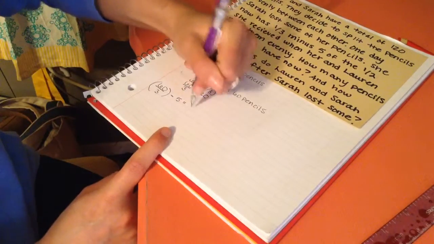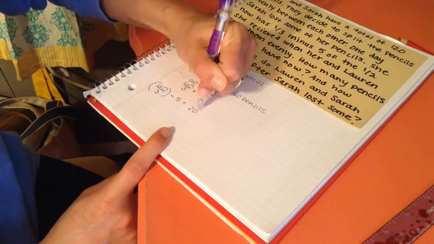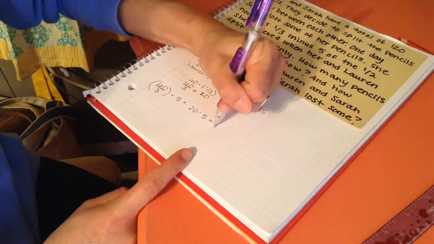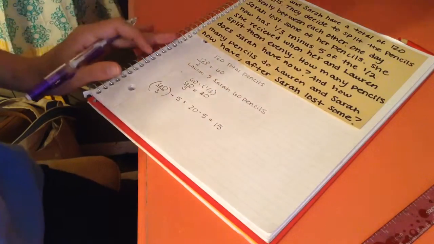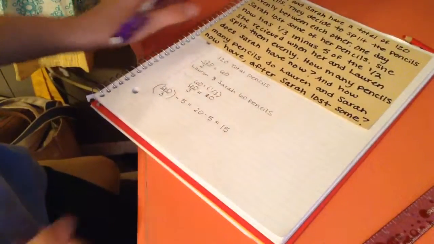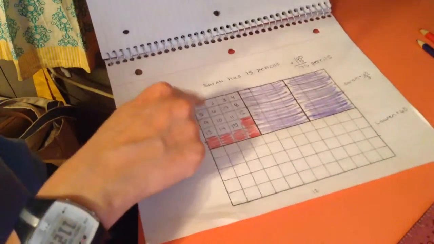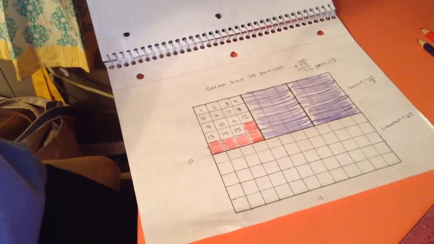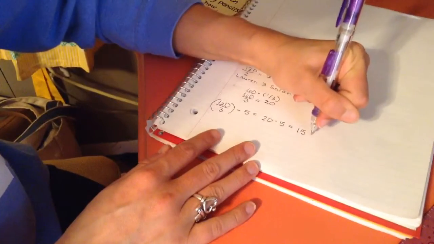So this now equals 20 minus 5, which equals 15, which is what we got when we counted Sarah's boxes. If you go back and look at our area model, when we counted Sarah's pencils at the end after the minus 5 and minus the 2/3, that's what we got, the 15 pencils. So the 15 now represents Sarah's pencils.